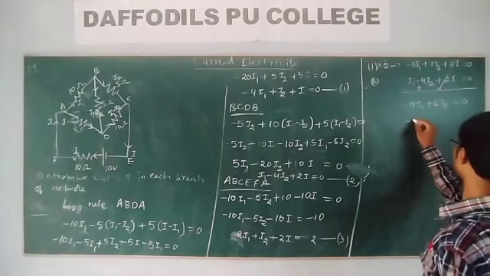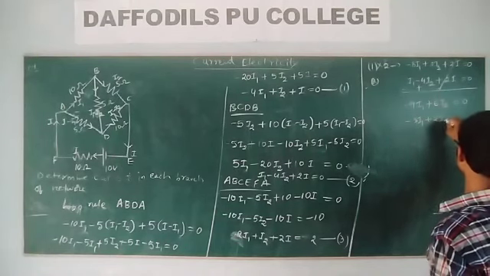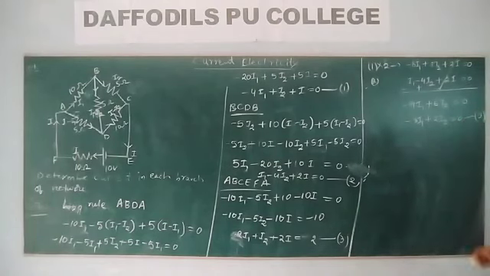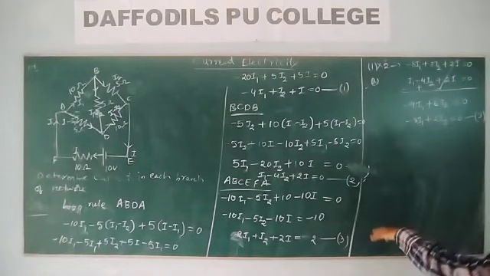Or even you can write minus 3I1 plus 2I2 is equal to 0. Let us take it as the third equation. We eliminated the I1 and I values from this.